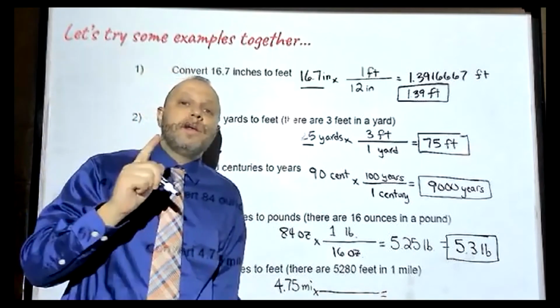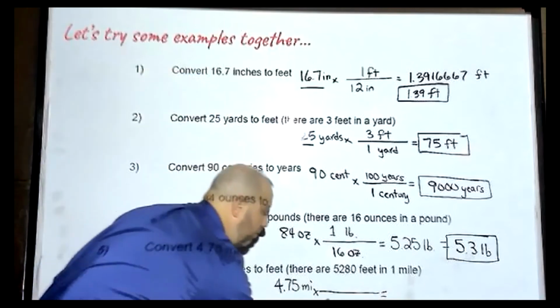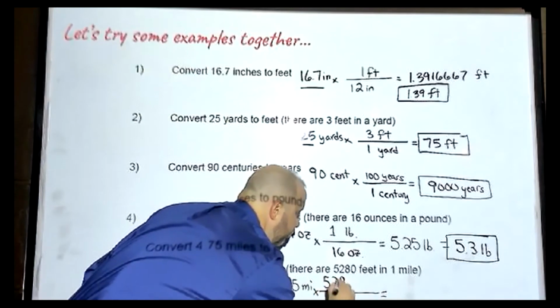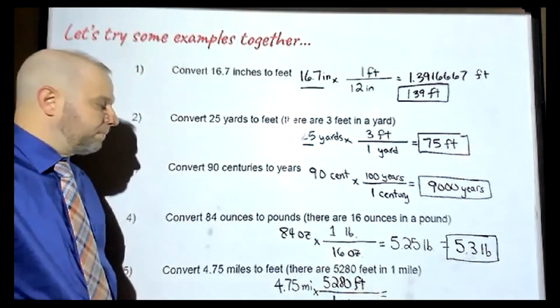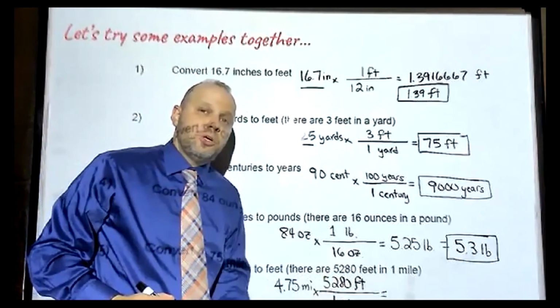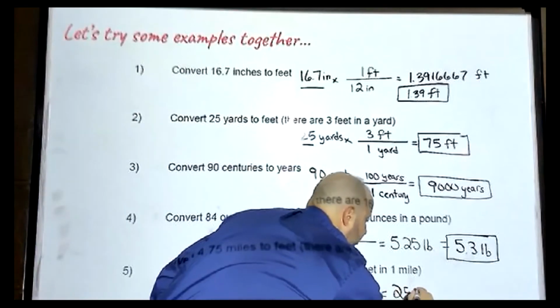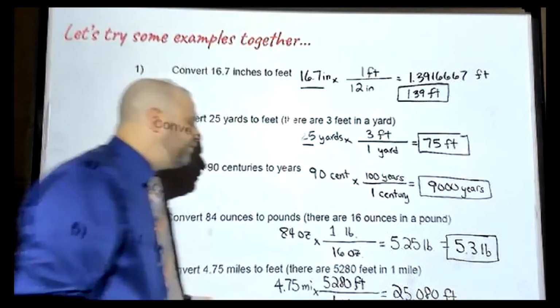Now, each 1 mile, I want miles to go on the bottom, so it crosses out. Each 1 mile is 5,280 feet. 4.75 times 5,280, that turns out to be 25,080 feet.